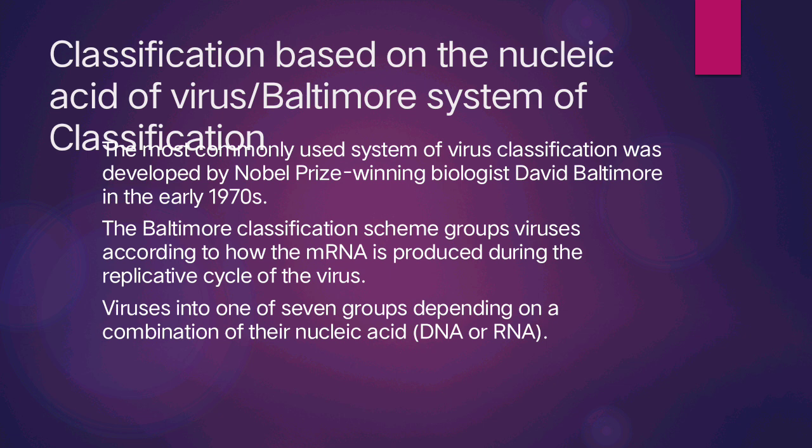The Baltimore classification scheme groups viruses according to how the mRNA is produced during the reproductive cycle of the viruses into one of seven groups, depending on a combination of their nucleic acid, either DNA or RNA.